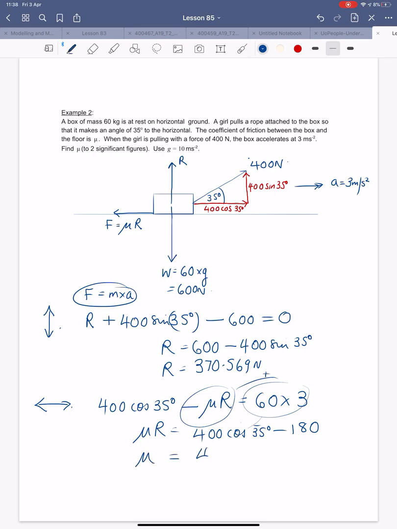So mu is 400 cos 35 degrees minus 180, all divided by R, which is actually the answer on my calculator, so I'll keep it accurate. 370.569, etc. I'll keep it accurate till the end. So then I can do open brackets 400 cos 35 degrees minus 180 divided by answer: 0.398, and it says to two significant figures, so it's 0.40 to two significant figures.